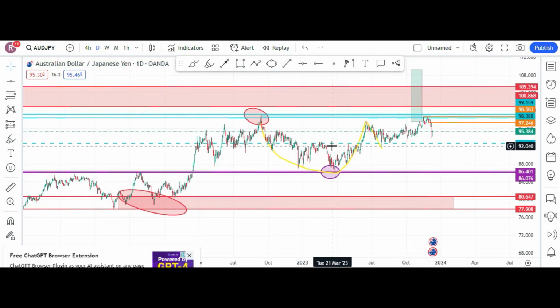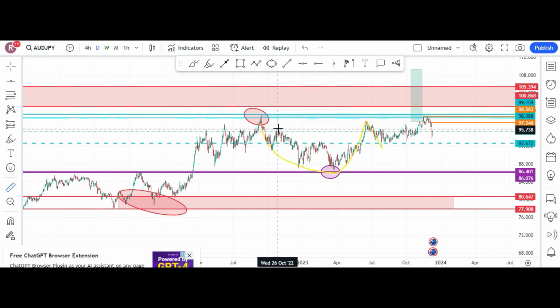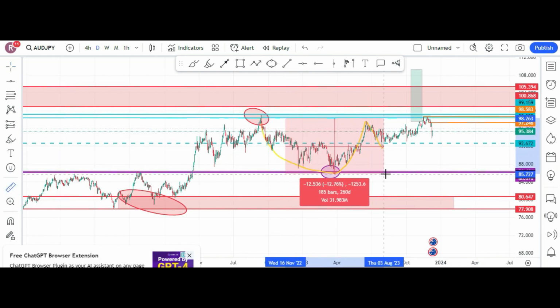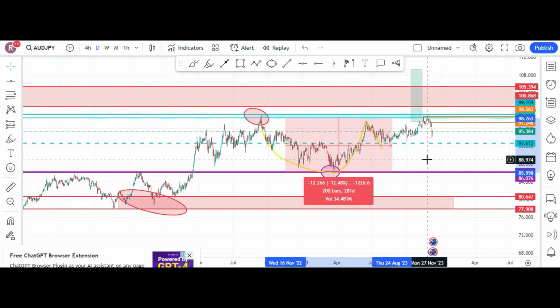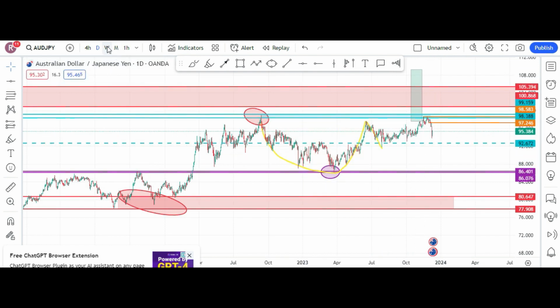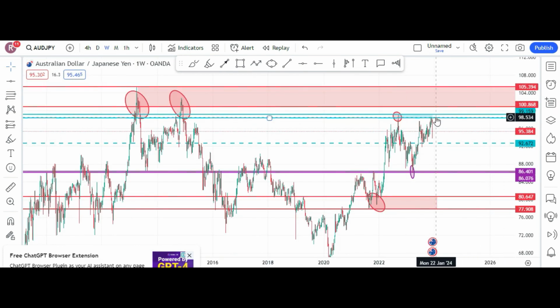And on a small size we have another cup here. If you can see, this is a double top already formed, and this is the handle. So if we measure the same thing here, we can see that it has fulfilled the cup and handle. Based on that, it went up and tried to break out here, but due to the weekly double top formation it failed.